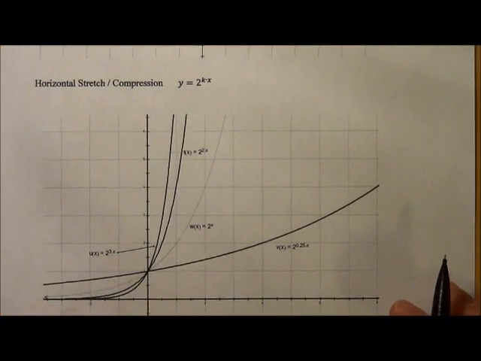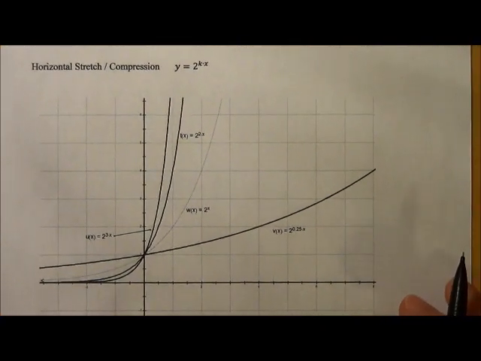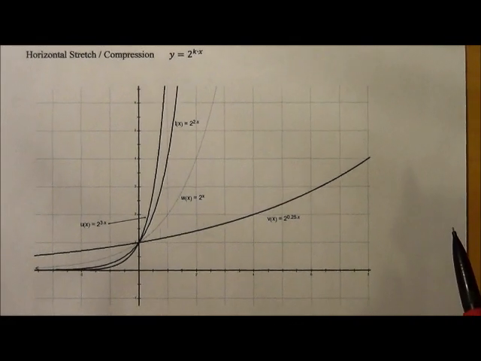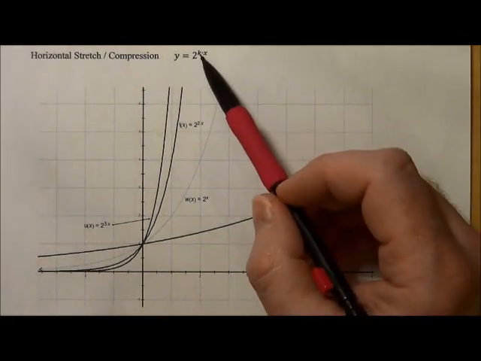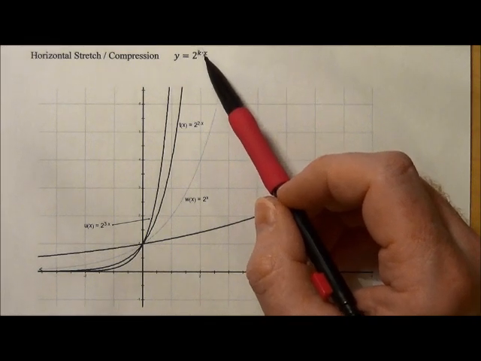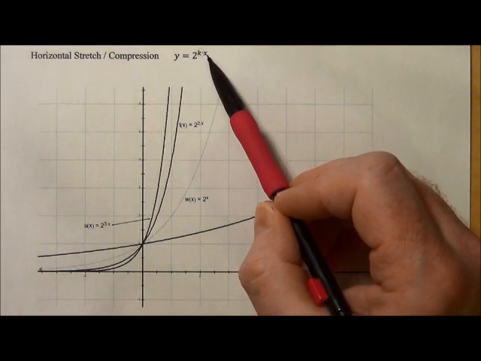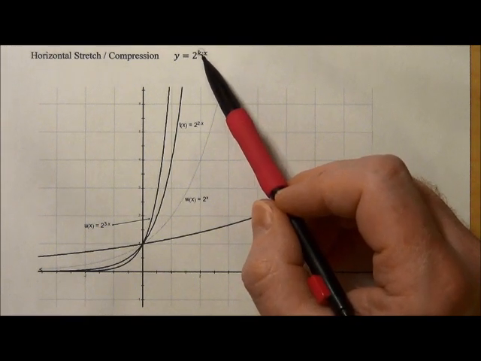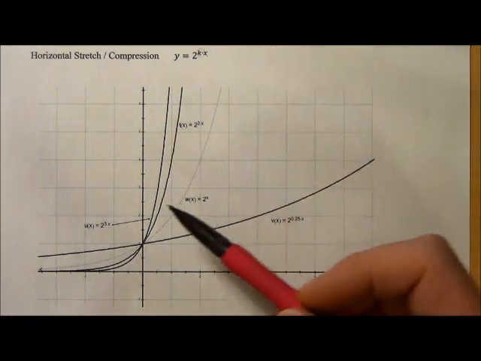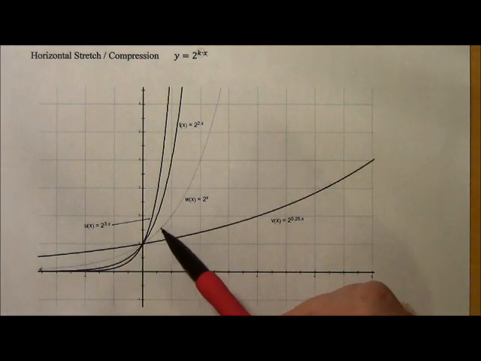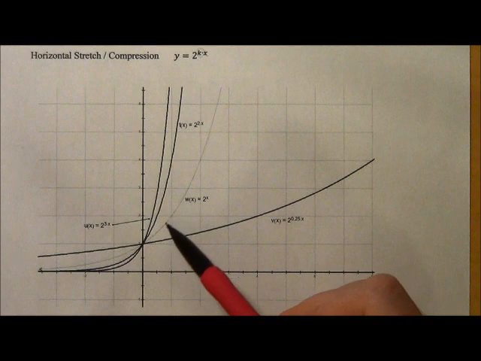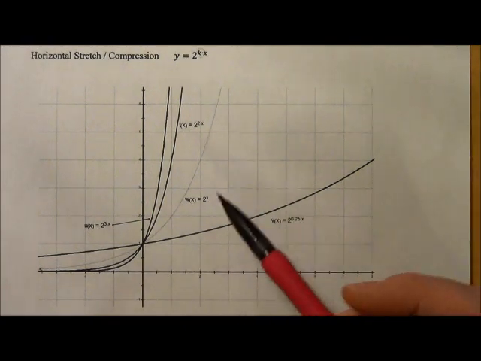Horizontal stretching and compressing is about the same, where we deal with the opposite operation that one might think. So when we're multiplying by k in the exponent, we're actually dividing all the x coordinates by that value of k. So again, here is the original function, y equals 2 to the x.